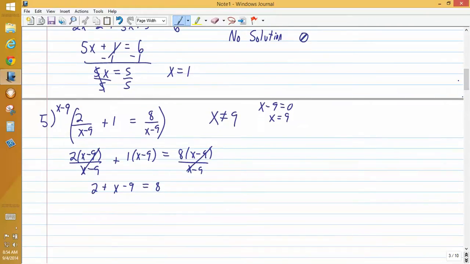Now combine like terms on the left side of the equation. You have negative 7 plus x equals 8. So I get x equals 15. So x cannot be equal to 9, and x equals 15.